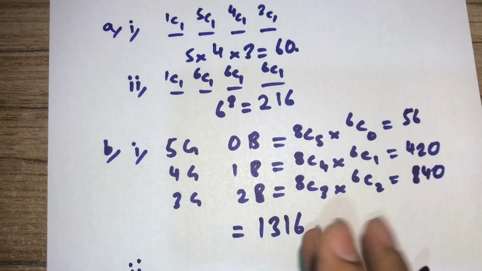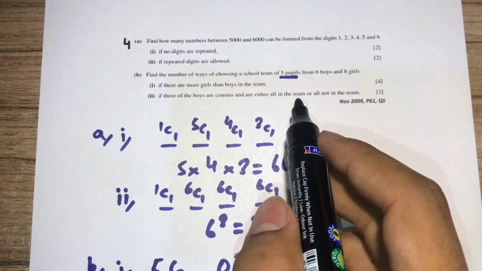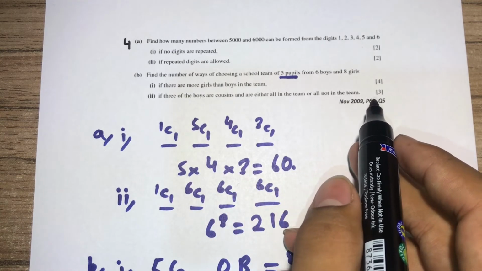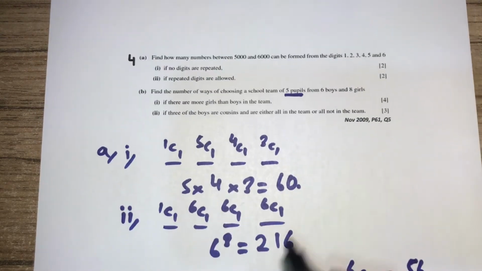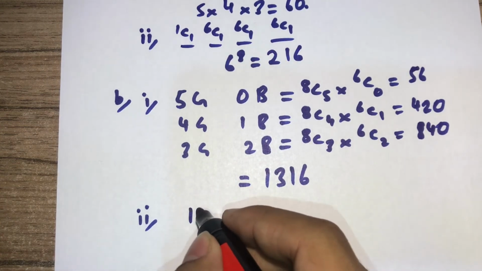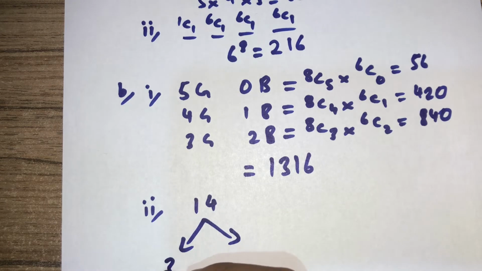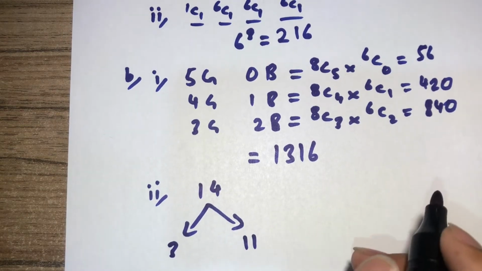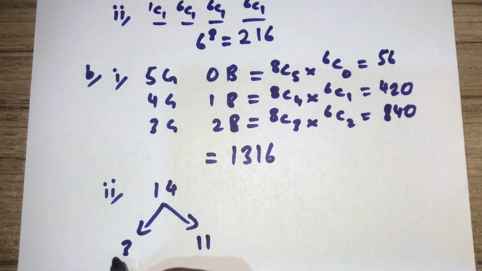That was B1. Now B2. If 3 of the boys are cousins and are either all in the team or all not in the team. So there were 14 people in total in the beginning, 6 boys and 8 girls. Out of those 14, 3 are cousins and 11 are the others. So either all of them get selected or none of them get selected.